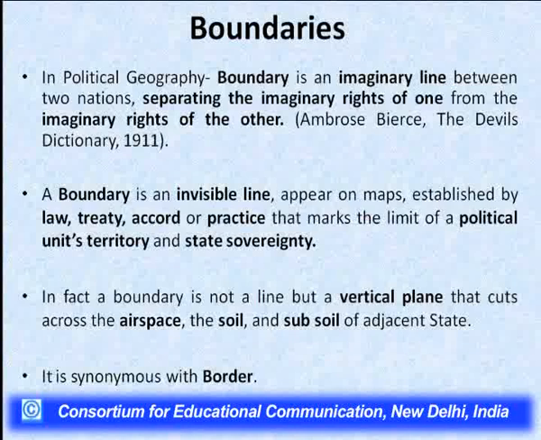In fact, the boundary is an invisible line that appears on the map or has been established by laws, treaties, accords, or different practices. So it fixes the sovereign limit of a particular state.